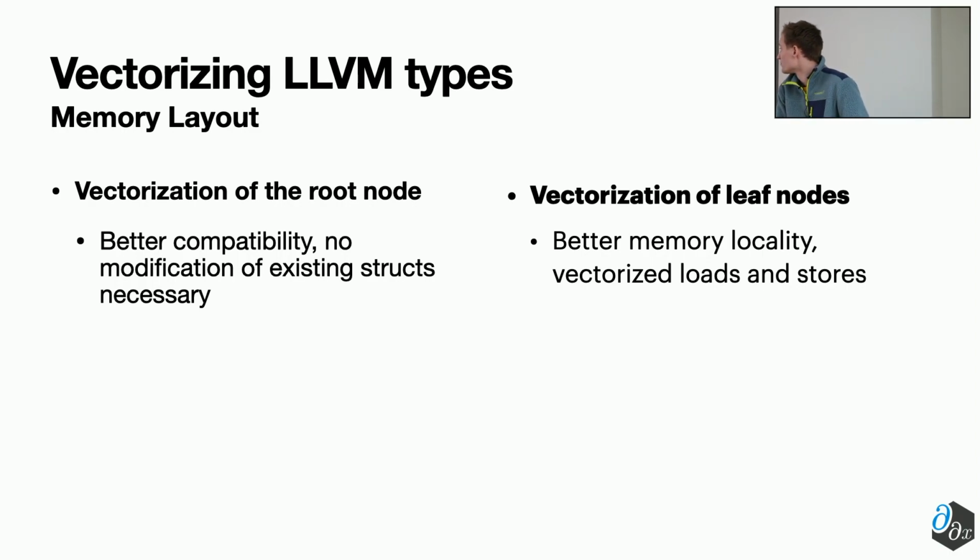The first one gives us better compatibility because you don't need to rewrite your data structures. You can just pass your struct to Enzyme, and Enzyme can duplicate the struct n times. For the second mode, you would need to rewrite your struct and have that be vectorized, which is not always nice to do.